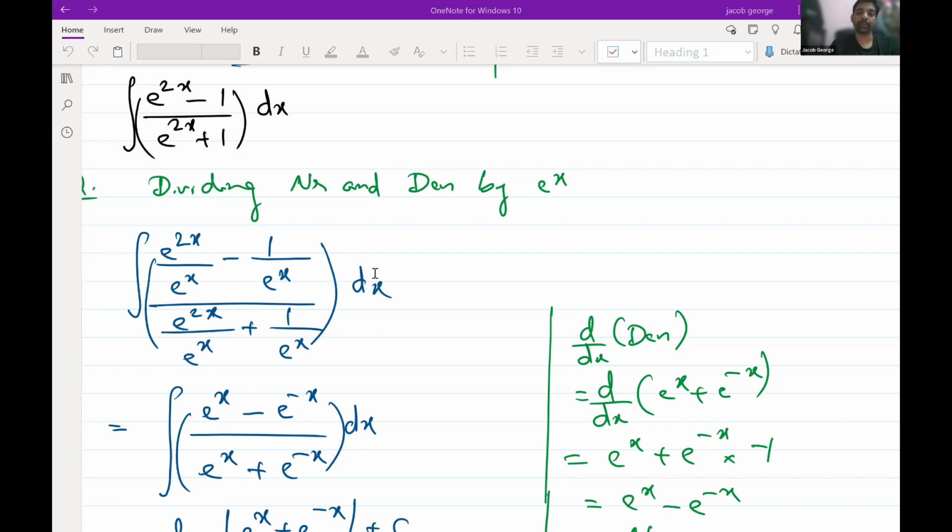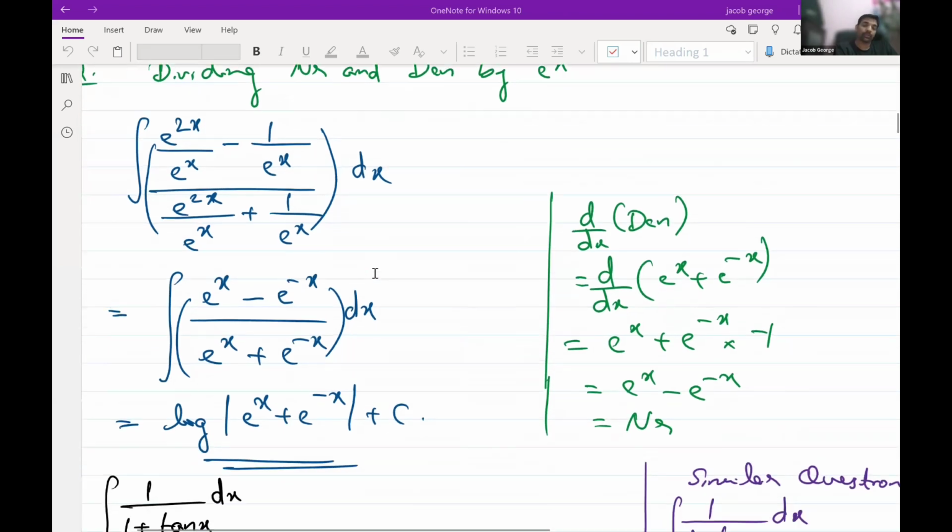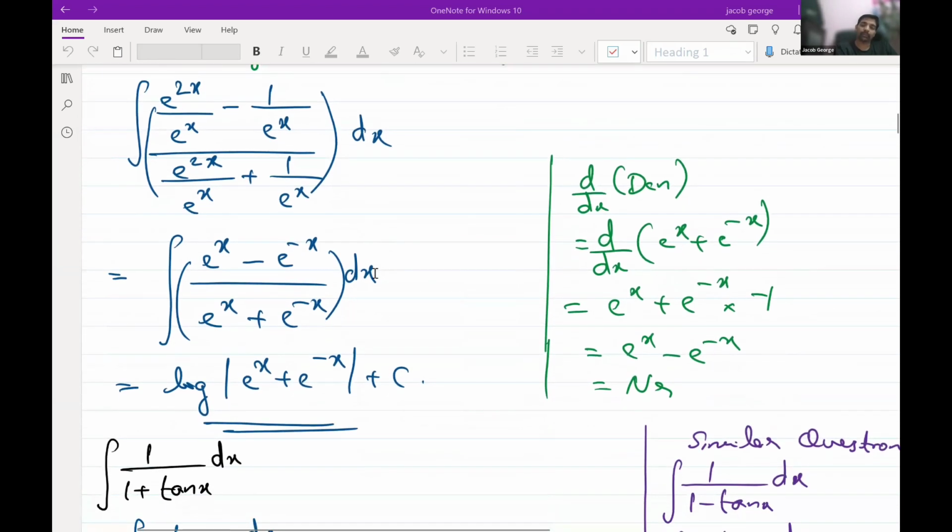So to get that, we divide and break it. Clear? Yes, sir. So here the derivative of the denominator is the numerator. So we can write the answer as log mod denominator. Yes, sir. Log mod denominator is the direct answer.